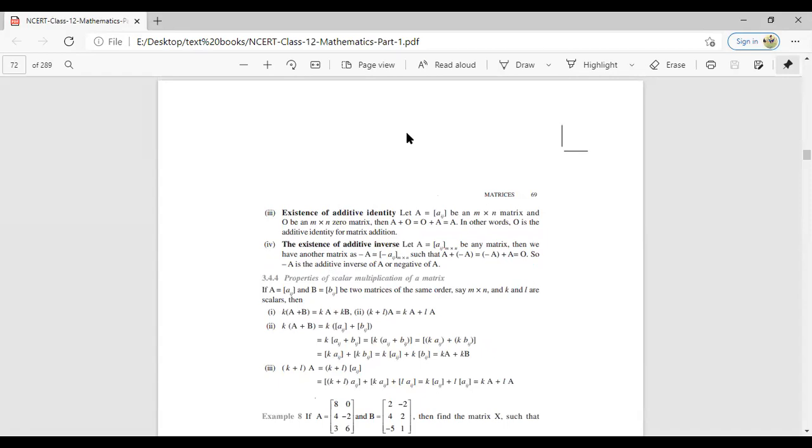Identity is an element which, when added with any element, will not affect that element. That is called identity. So here the identity matrix is a zero matrix.